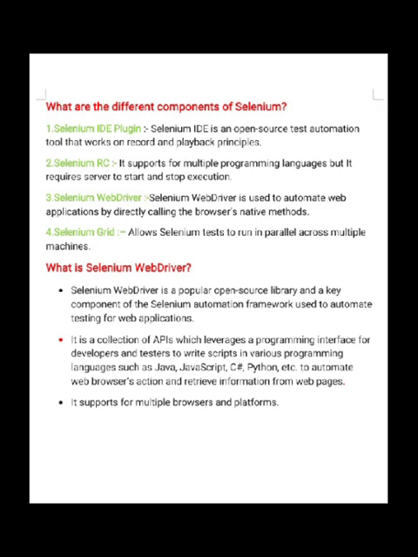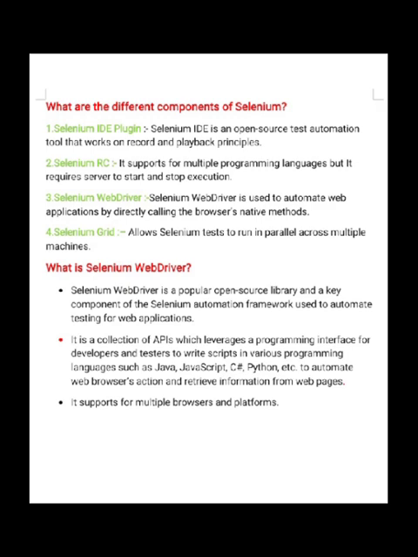So to overcome this, we have Selenium WebDriver. Previously I told you about Selenium WebDriver. It is used for automating web applications over different browsers. Means we can write a test script using Selenium WebDriver, and it also supports multiple programming languages and multiple operating systems.